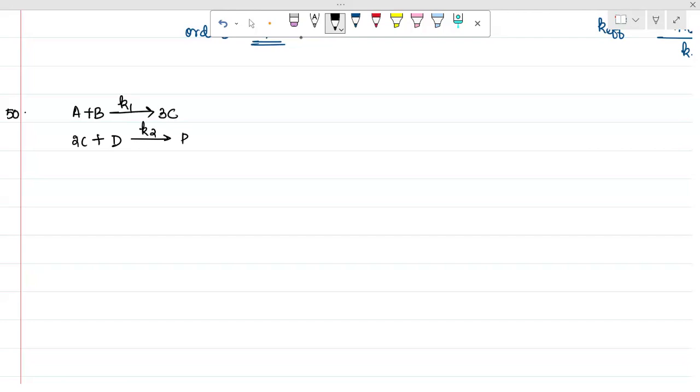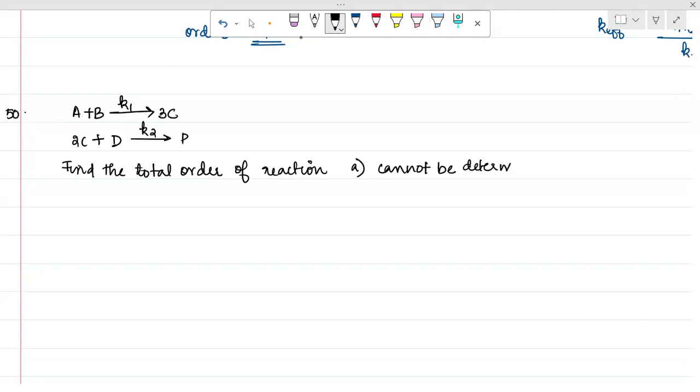You have to find the total order of reaction. Option A, cannot be determined. Option B, 0. C, 1. D, 2.